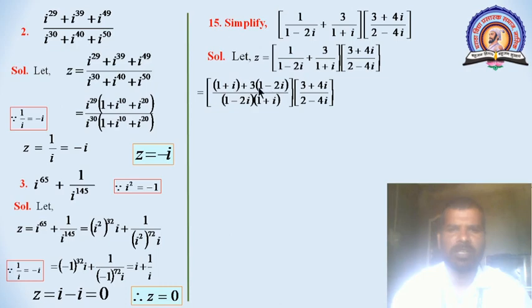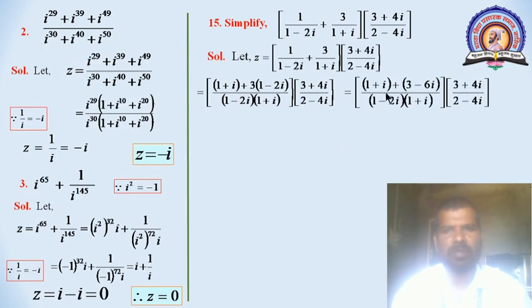On the numerator it is addition. Before adding we multiply 3 inside the bracket, and on the denominator it is multiplication of two brackets, so we will multiply it. So we will get 1 plus i plus 3 minus 6i upon (1 minus 2i) into (1 plus i), into (3 plus 4i) upon (2 minus 4i).